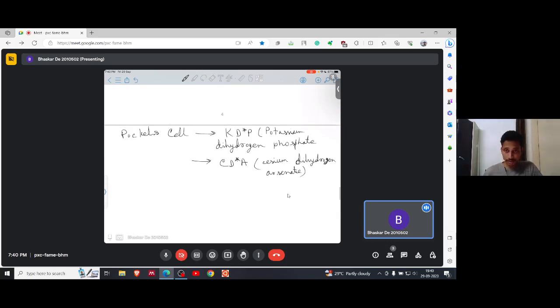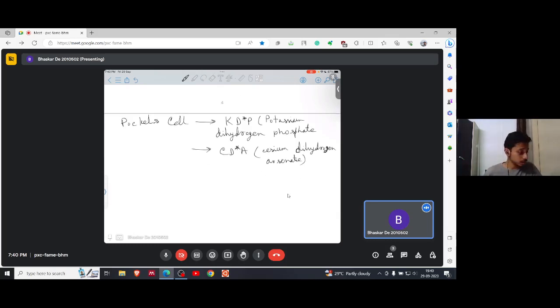So these two materials are used basically for the reason that they require the least voltage to produce the desired effect.